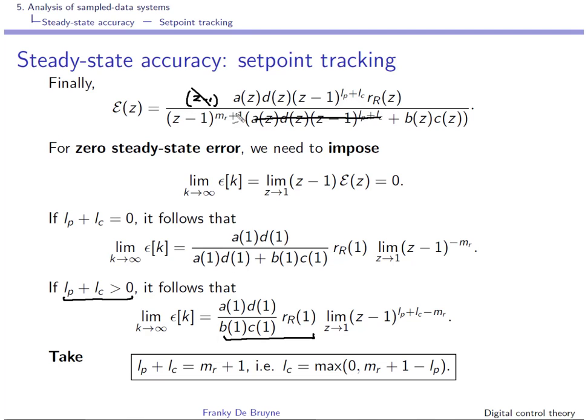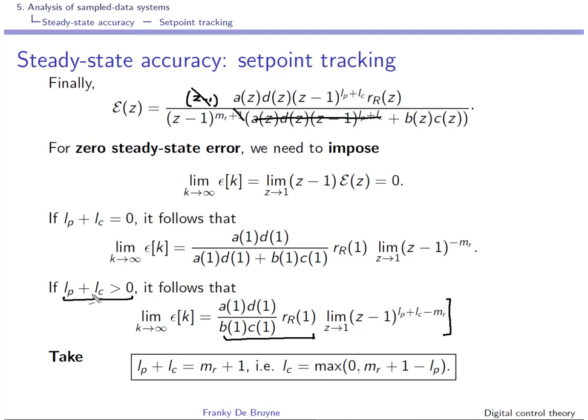So this one will disappear with this one. Okay, so when we look at the powers of z minus 1, well, we have LP plus LC minus mr, and we end up with this expression over here.